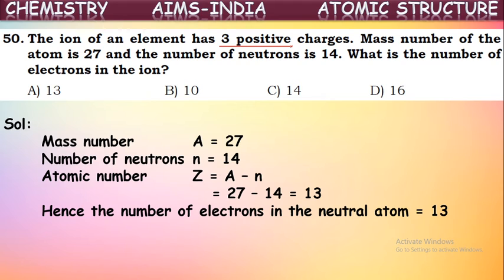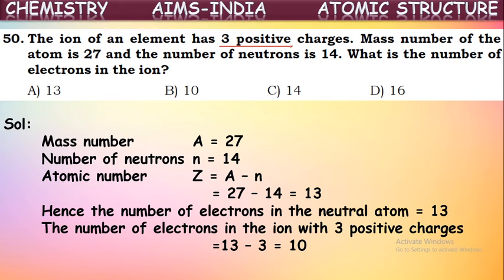So originally in the neutral form it has 13 electrons, but it loses 3 electrons. So how many electrons will there be now? 10 electrons. The number of electrons in the ion with 3 units positive charge is 10. So that ion will have 10 electrons in it. Got it? Next.